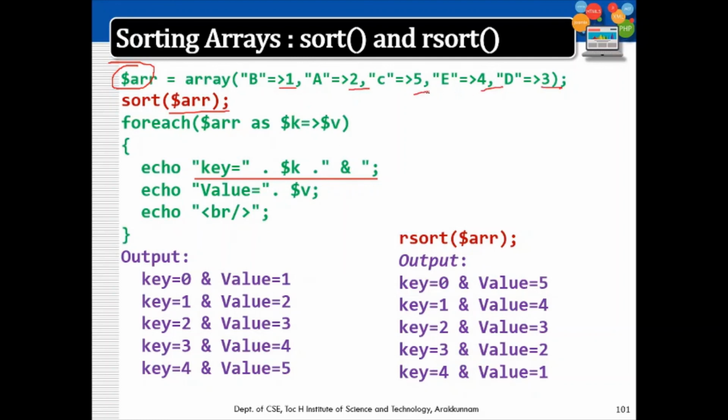And instead of the given key values, it will just display 0, 1, 2, 3, 4. That is the difference that happens when you use the sort function. Rsort is the reverse process. So rsort of $array, again values will be sorted in descending order and they will be given the keys in 0, 1, 2, 3 order, whatever it may be.